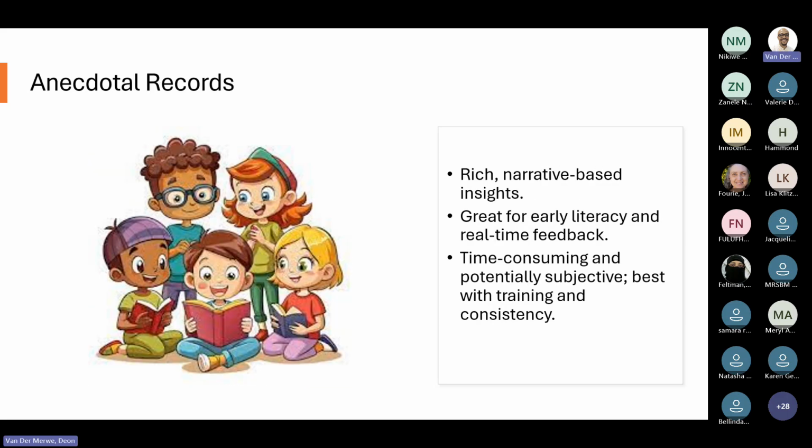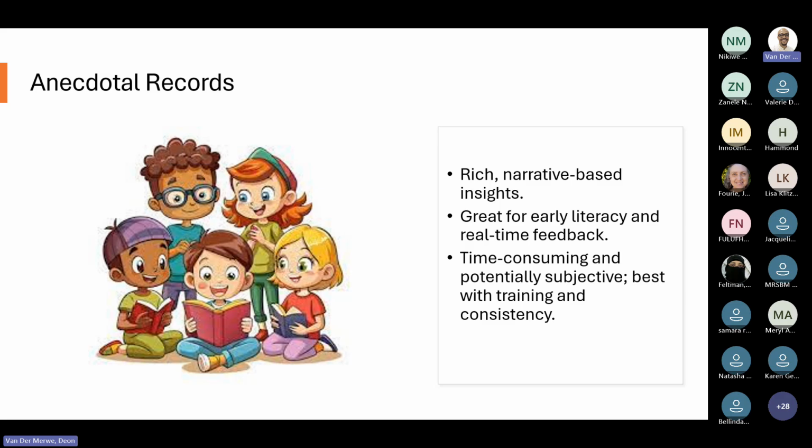That brings me to the anecdotal records, where telling the story behind the numbers is quite important, because this approach allows for a narrative observation of specific learner behaviors during reading.